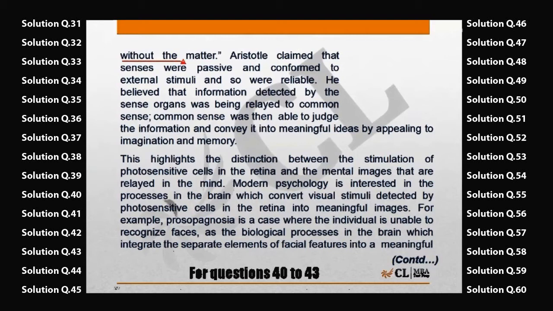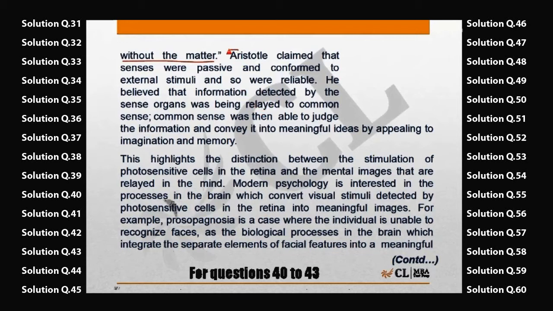So the key is no matter. That is for Aristotle. Aristotle claimed that senses were passive and conformed to external stimuli and so was reliable. He believed that information detected by the sense organs was being relayed to common sense. Common sense was then able to judge information and convey it to meaningful ideas by appealing to imagination and memory.